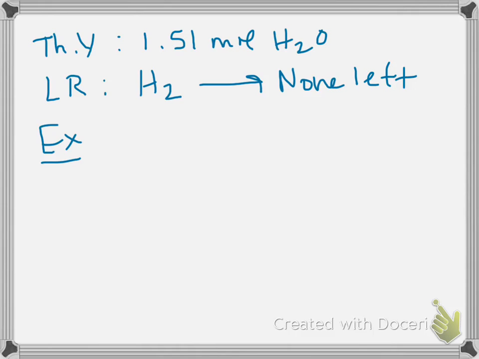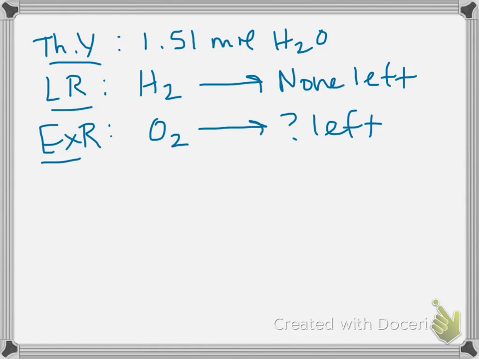But for my excess reactant, which was oxygen, how much will be left once the reaction's completed, once all of the hydrogen reacts? The way we're going to solve this problem is to figure out how many moles of oxygen are consumed when we produce 1.51 moles of water.